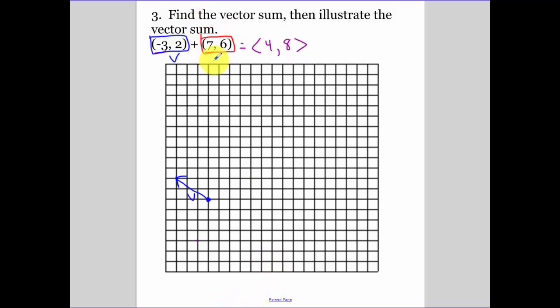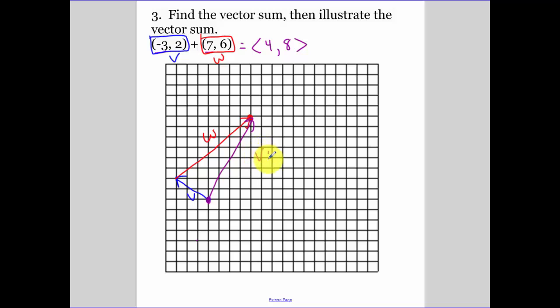Then we have our vector w that is positive 7 in the x, positive 6 in the y. So that's vector w. Now your resulting vector should be from the tail of the first one to the tip of the last one.